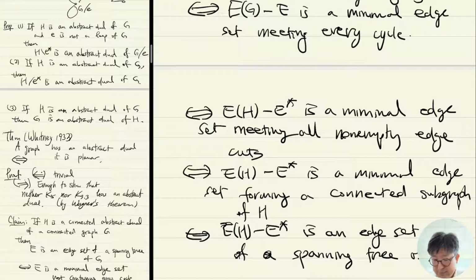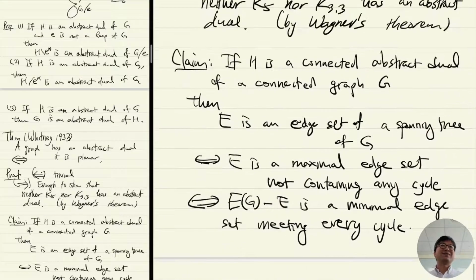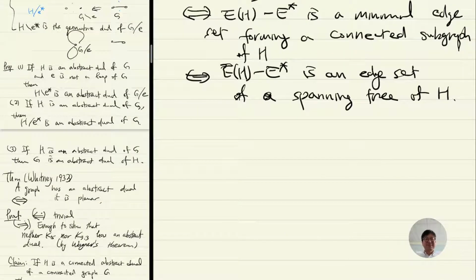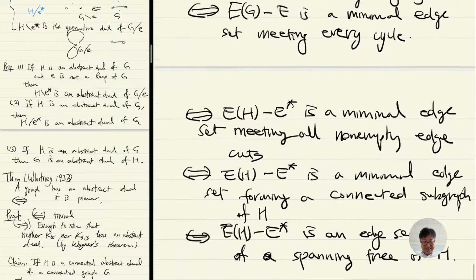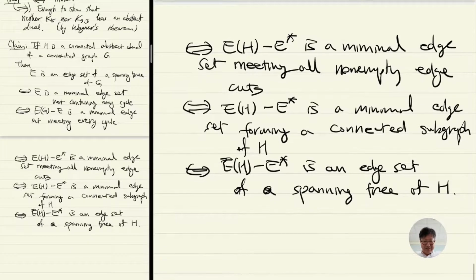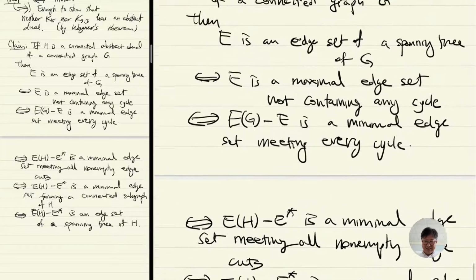All right. So this claim is nice because now it says that when you have a spanning tree, then its complement is an edge set of a spanning tree in the abstract dual. We actually proved it while stating the claim.